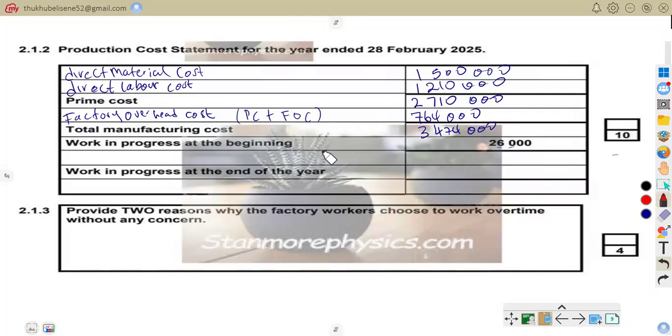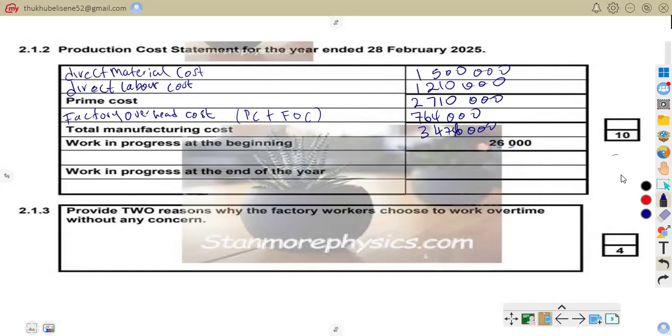So now we are to add that 26,000 to our total manufacturing cost. We are going to say 3,476. So it should be 476,000. We are wrong with the amount.